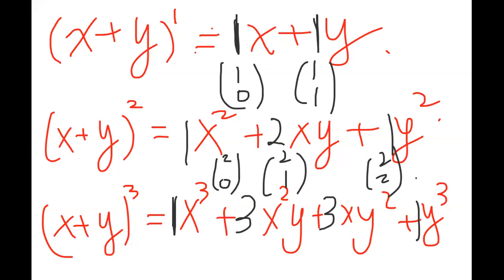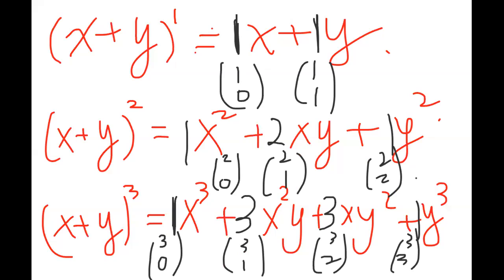And 1 3 3 1 here is actually 3 choose 0, 3 choose 1, 3 choose 2, and 3 choose 3.